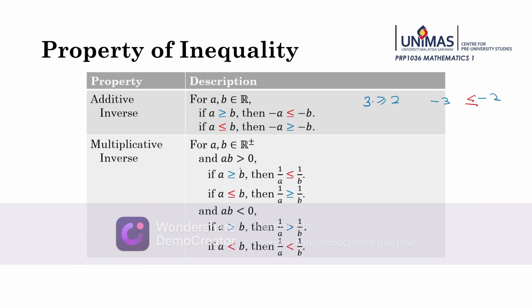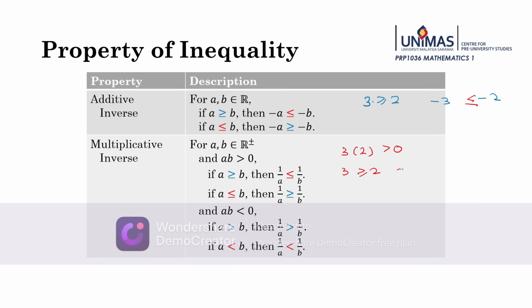If A multiply B is greater than 0, that means, say your A is 3, your B is 2. When you multiply, you get 6, so you get greater than 0. So if A is greater than B, so 3 is greater than or equal to 2.